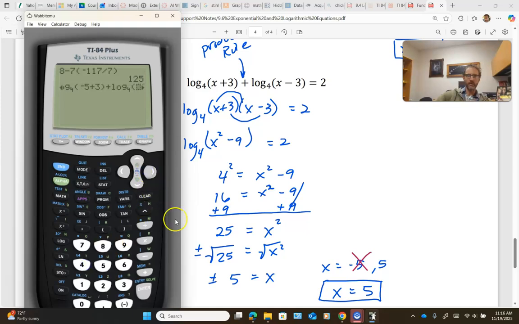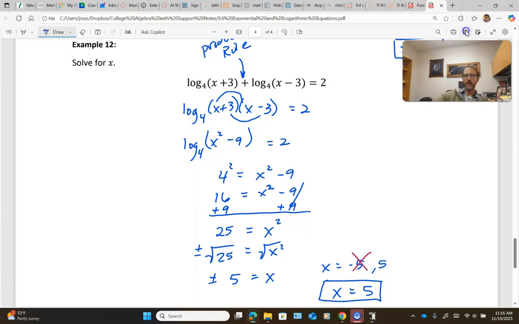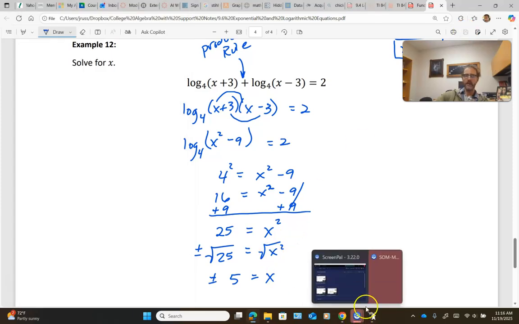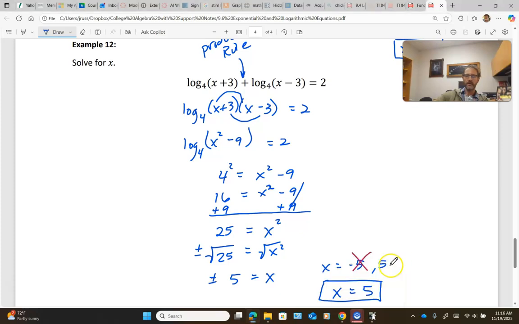Log base 4 of negative 5 minus 3, okay, close those parentheses. Now this should equal 2, but if you hit enter, it says non-real answer. And again, the reason is because these arguments become negatives, and you can't take the logarithm of a negative number. Again, a negative is not in the domain of a logarithmic function.